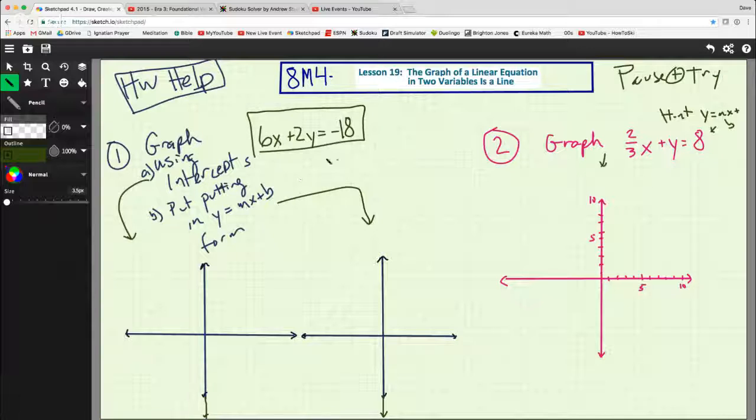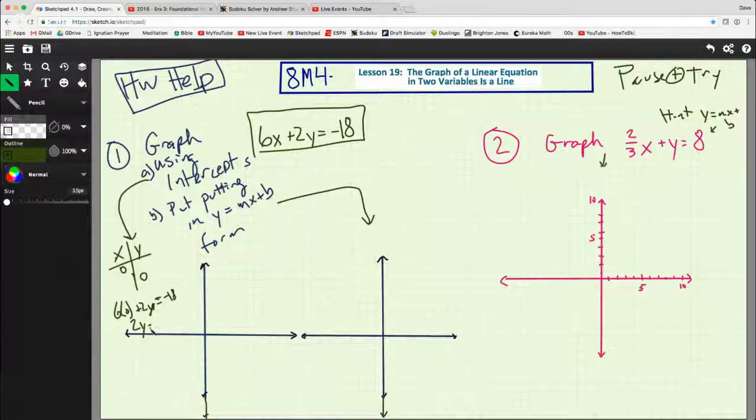Okay, so I assume you're back. Let's do this using intercepts. So first of all, we have to find our x when y is 0 and our y when x is 0. So let's do that. So 6 times 0 plus 2y equals negative 18.